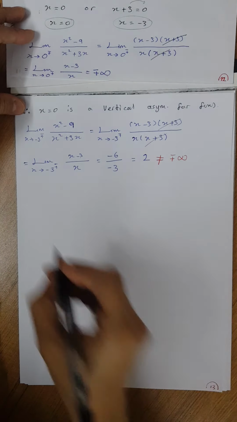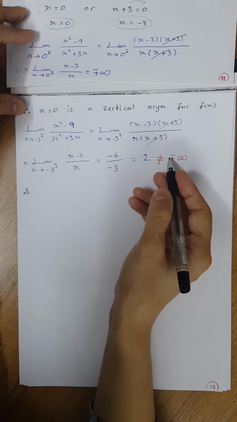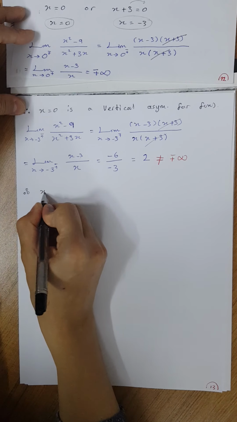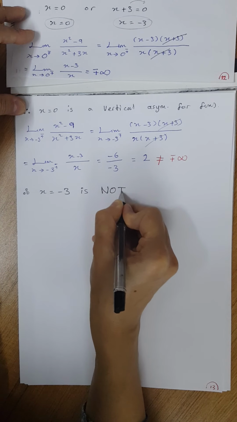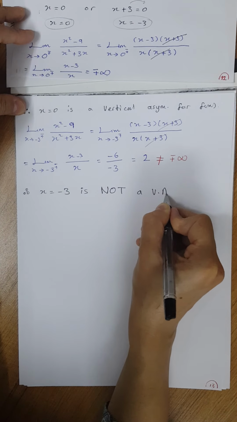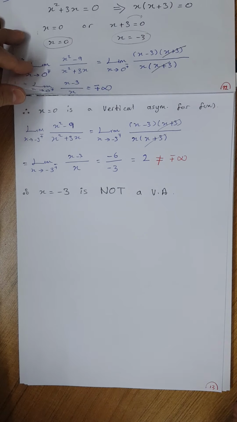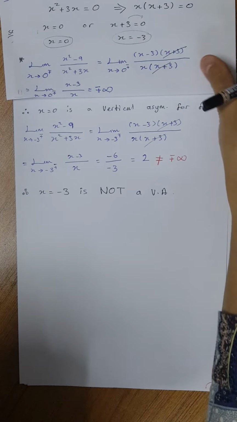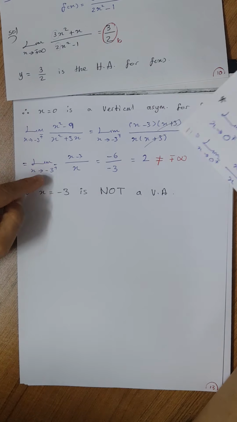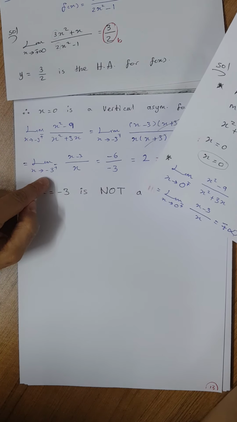So we say, since the result is not infinity or negative infinity, x equal to minus 3 is not a vertical asymptote for the function. Okay, why minus 3 is not a vertical asymptote?